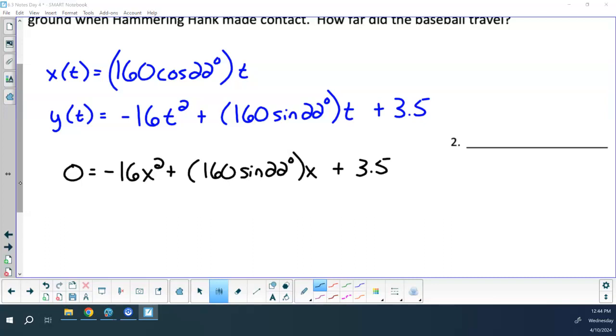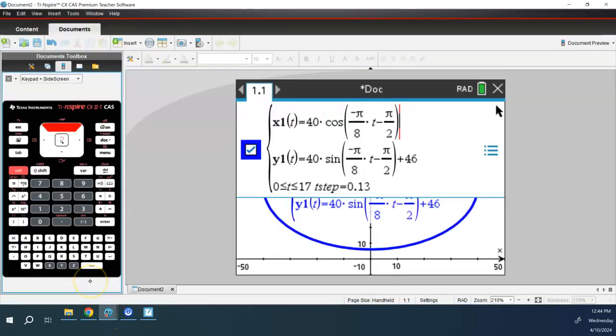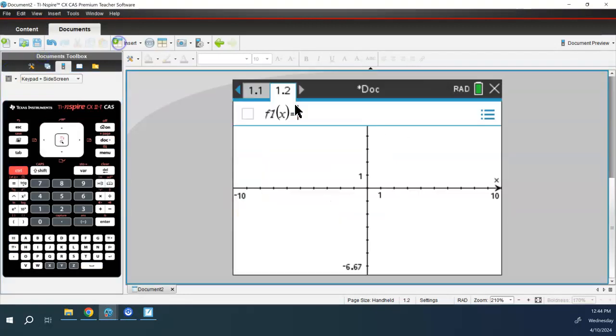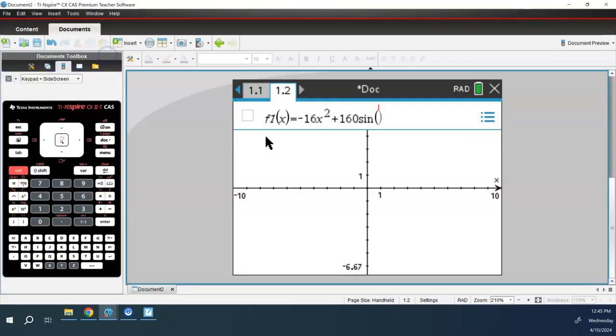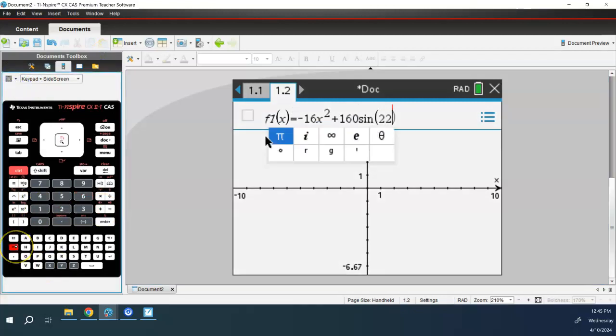I could use the quadratic formula by all means, but I'm going to go on my calculator, and I'm just going to type in negative 16x squared, oops, forgot the x, x squared plus 160 times the sine of 22 degrees times x, almost said t there, plus 3.5.